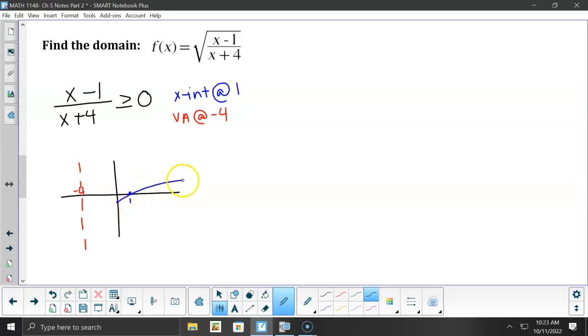So this side of the graph actually goes like this. What happens if I plug in a -5? What do I get? So I got -6 on top, -1 at the bottom, so that gives me a +6. So that's going like that.